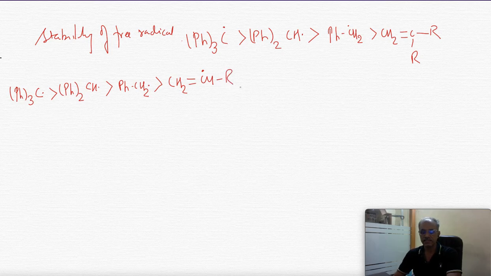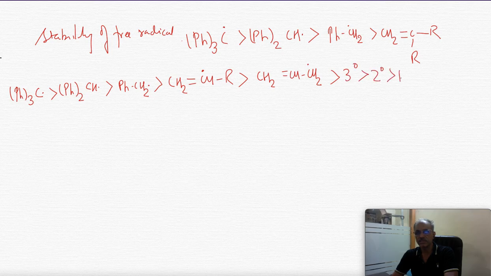Allyl radical is more than CH2 double bond CH dot CH2. Right? Now this will be more than tertiary radical, which will be more than secondary, which will be more than primary, and which will henceforth be more than methyl radical. Right? Make a note of this.